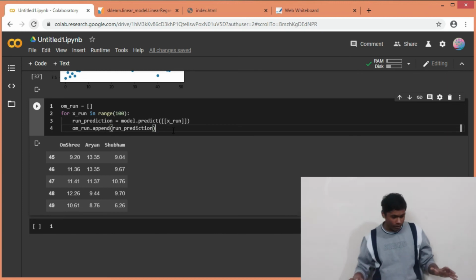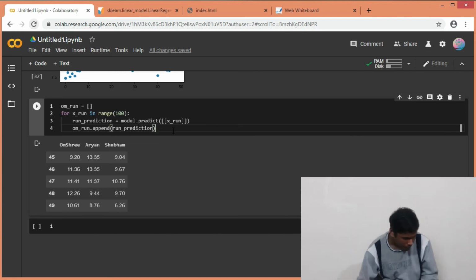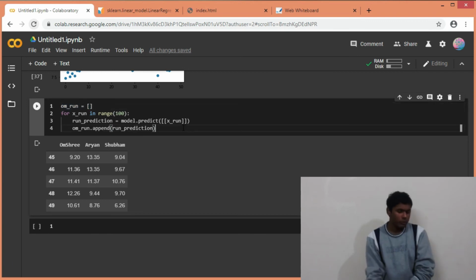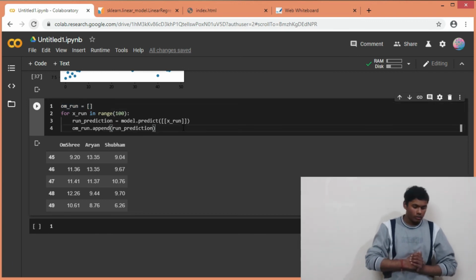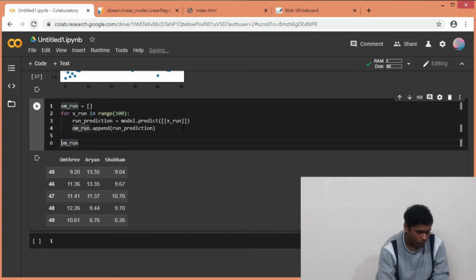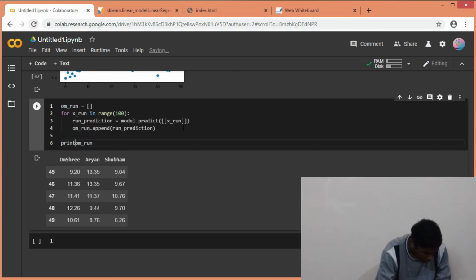Okay, that's it. What this thing will do is just be predicting, and I can just say om run. Ideally, even if you don't put a print around it, it will work. Then just put it like this.